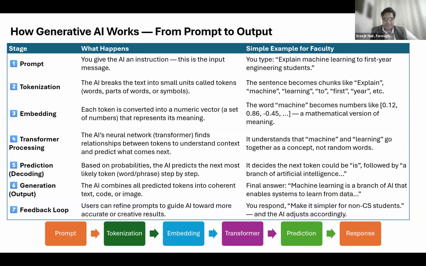Based on that, it would understand that machine and learning go together as a concept, not as random words. And it will start creating probabilities, and based on the probabilities, the AI predicts the next most likely word.